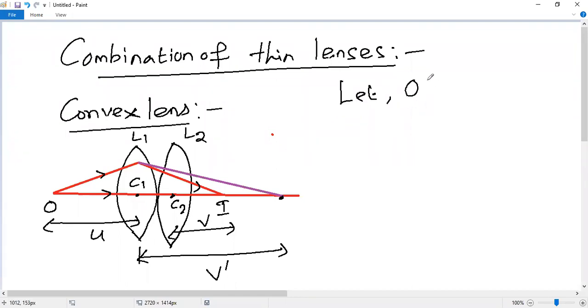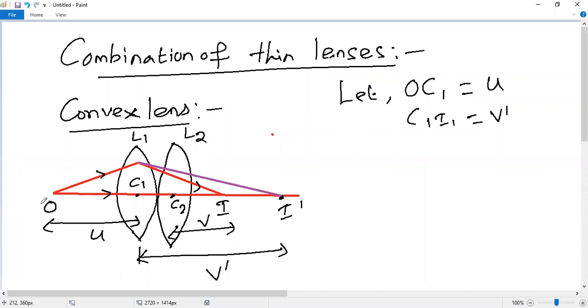Object to C1 is U. Next, this is I1, I dash. C1 to I dash is equal to V dash.